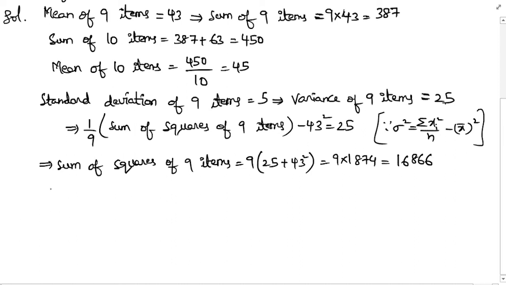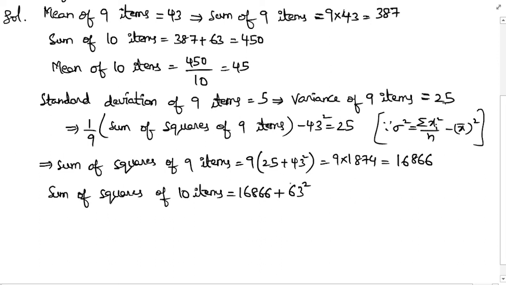Now we will find the sum of squares of 10 items. This is equal to 16866 plus 63 square, as 63 is already given in the question. So this is equal to 20835.